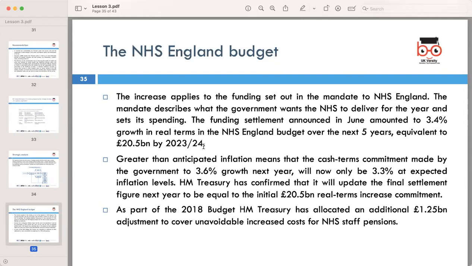However, due to higher than anticipated inflation, the cash terms commitment for the next year will be lower than initially expected. It is important to note that the funding settlement figures may be updated in the future to align with the real terms increase commitments.